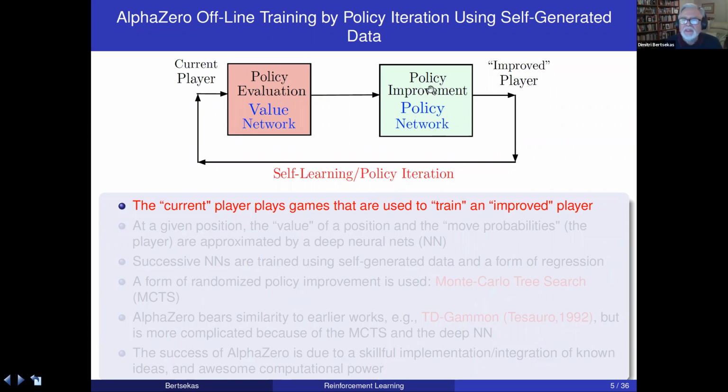And this improved player is encoded in a policy network, a different network. So the current player plays games that are used to train, with data and neural network training, an improved player.